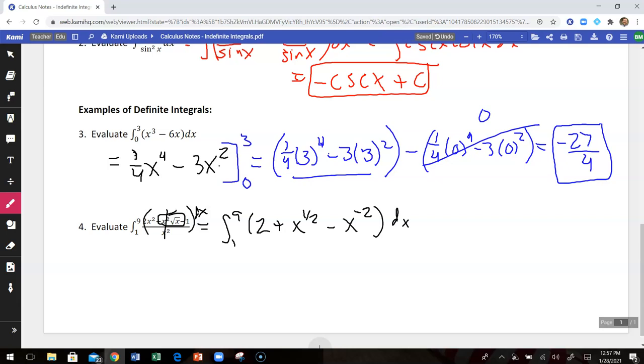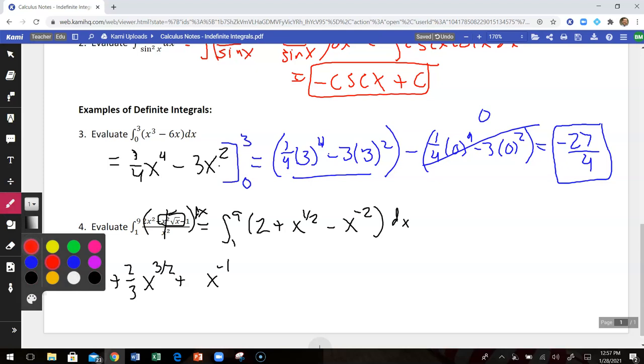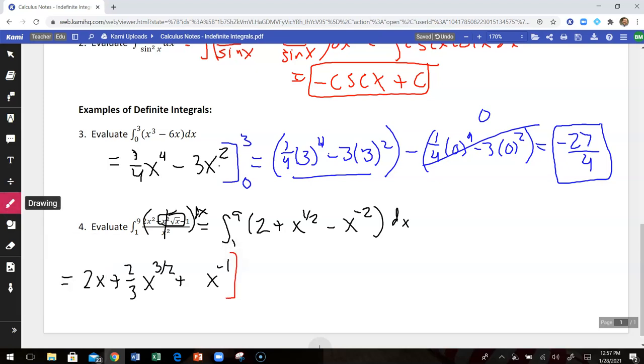Now I can take the antiderivative and evaluate. That's going to be 2x plus, this would be x to the 3/2, which means our coefficient would be 2/3. And then minus, this would be x to the -1st, which means I'm going to divide by -1, which means this is going to become plus x to the -1st. And we're going to evaluate that from 1 to 9.